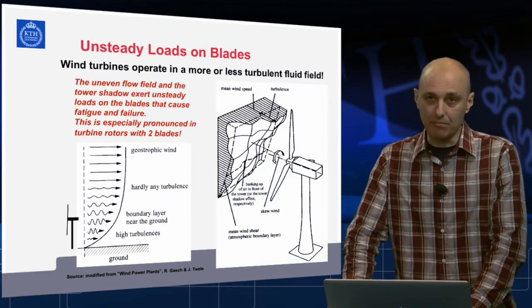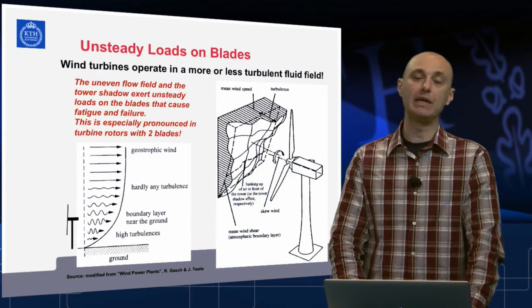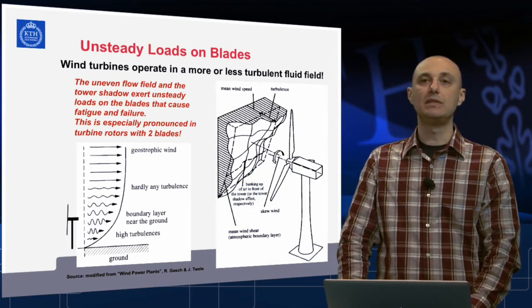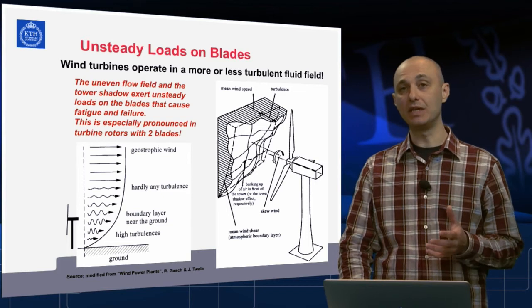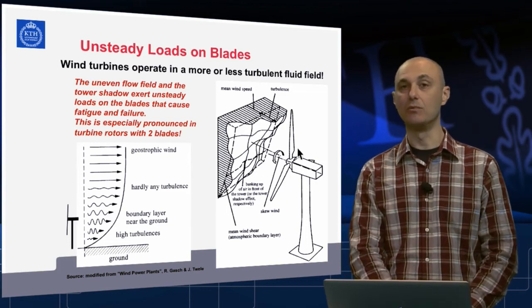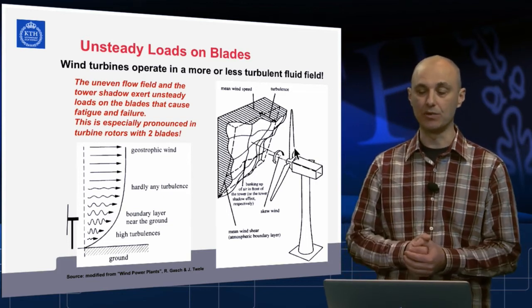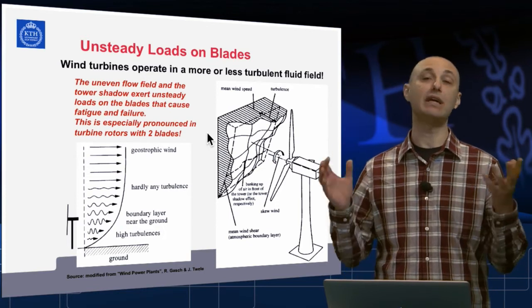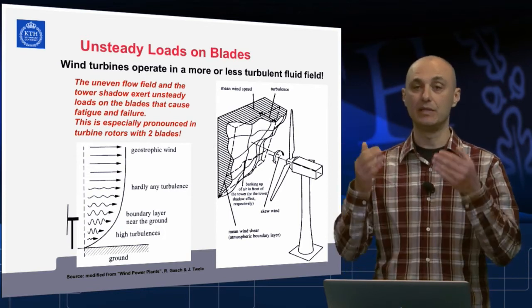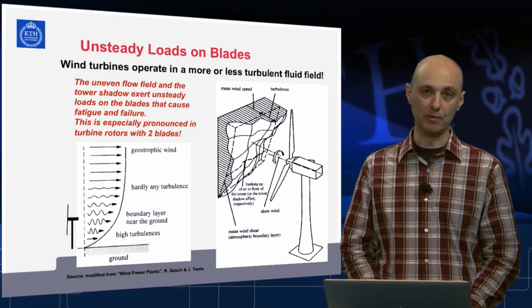The major problem for wind turbines is the unsteady loads. This is relevant for all kinds of turbines, but especially a wind machine sitting out there using the wind as a primary energy source suffers constantly from unsteady loads. This is just a wild picture of what may happen with the wind field. It is never, anywhere in history, super stable and super smooth.